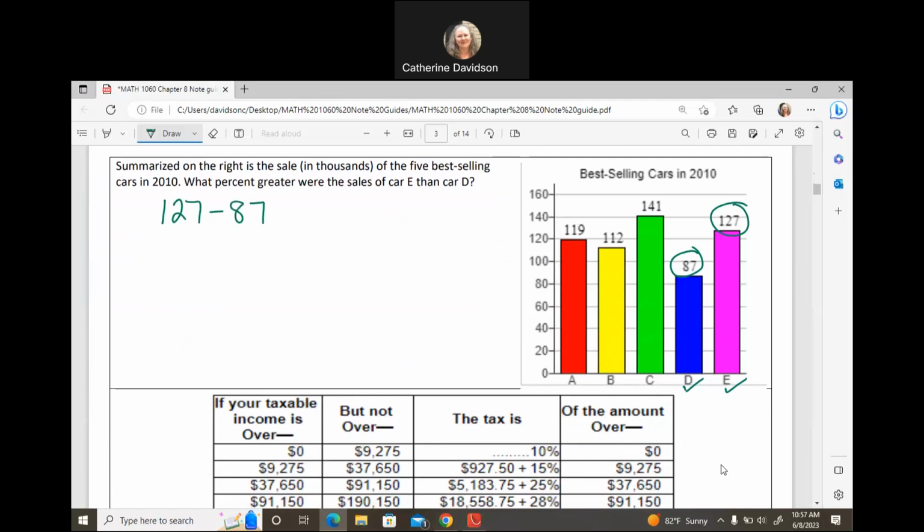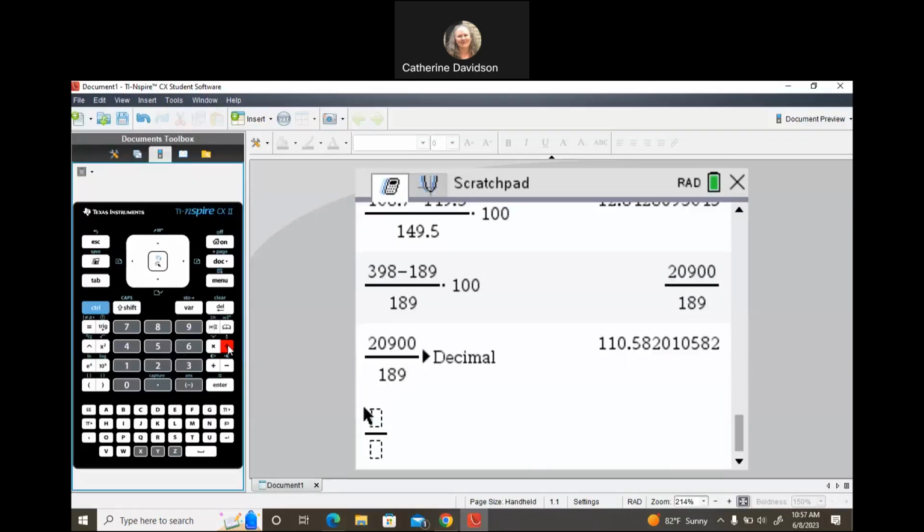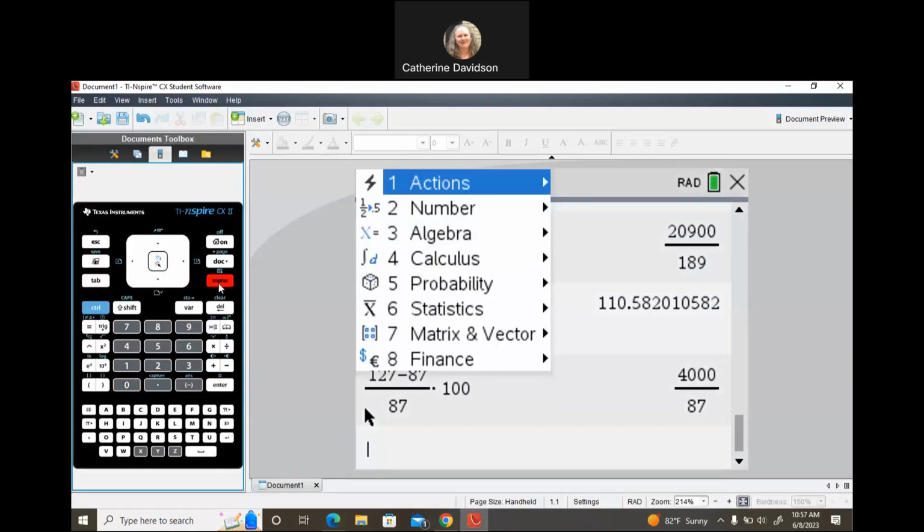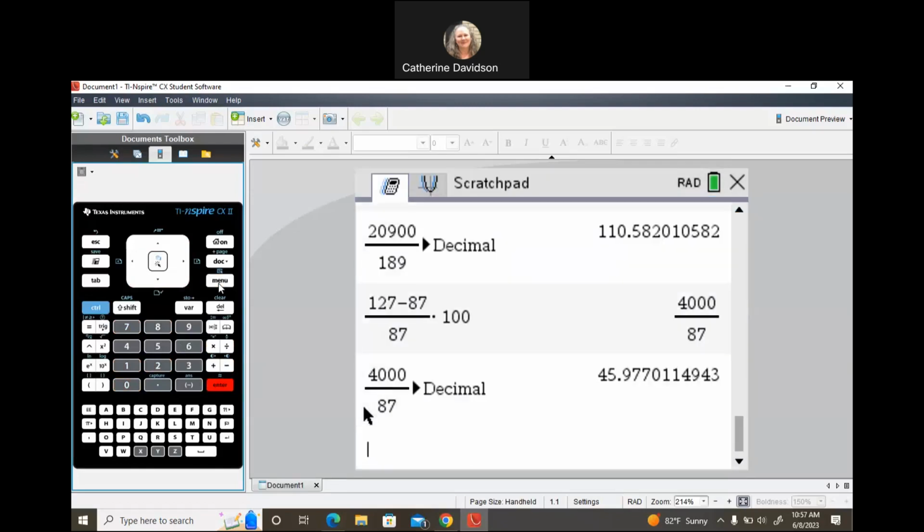The 87 is going to be the old. All right, and I'm just going to round to the nearest whole number, so it'll be 46%.